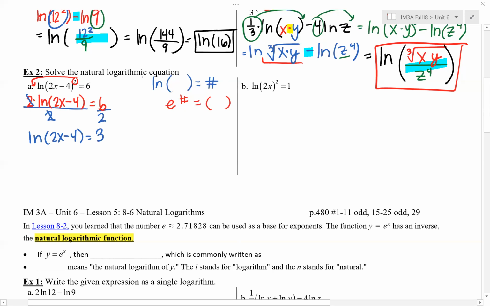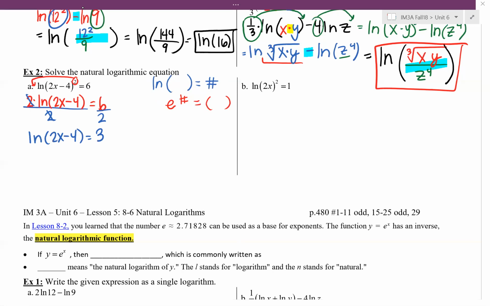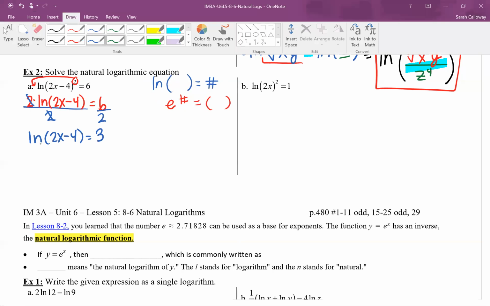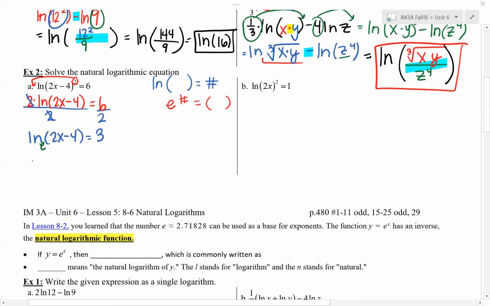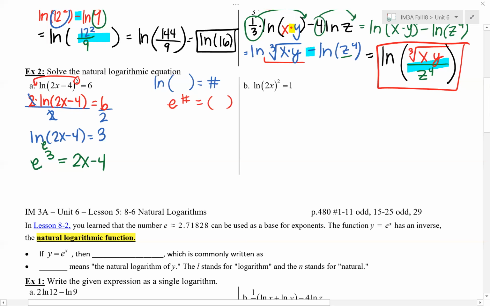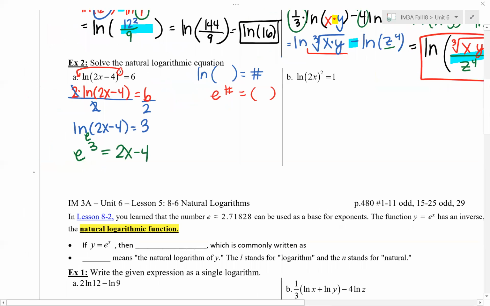So from here, what we want to do is switch from our ln form to our e form. We want to rewrite this as ln means base of e, so e to the 3rd power equals 2x minus 4. When we're plugging this into our calculator, we're looking for a button that has e to the x.